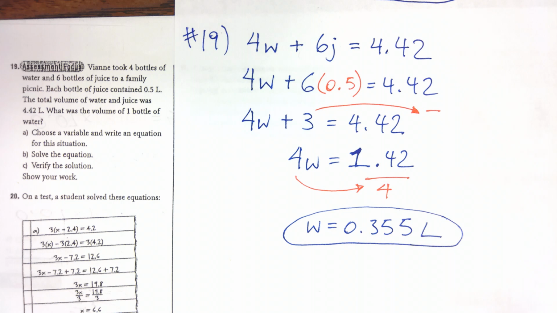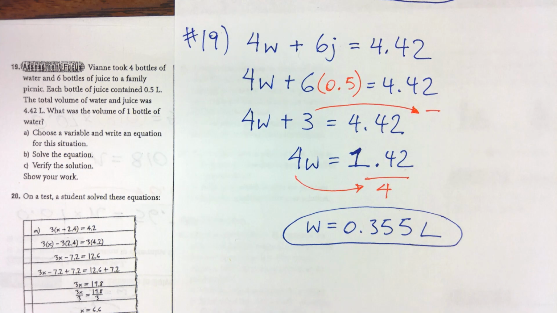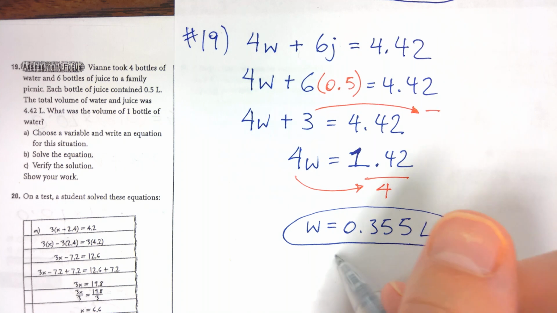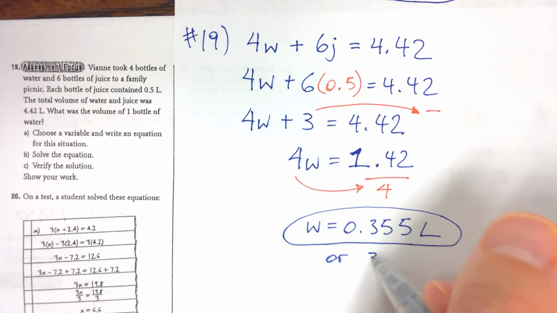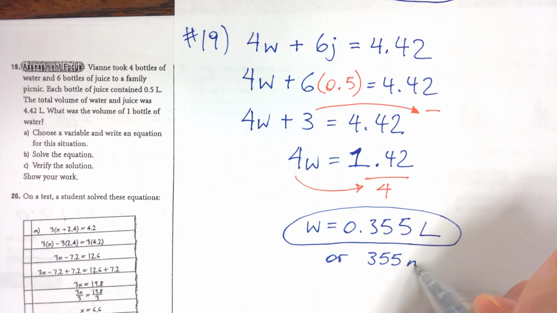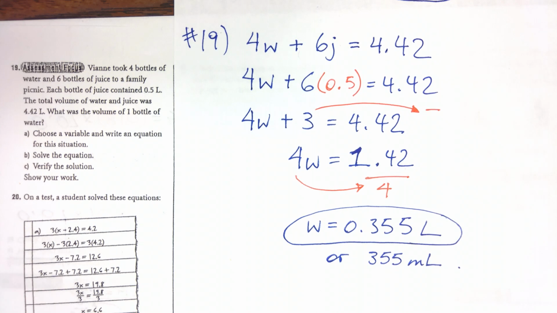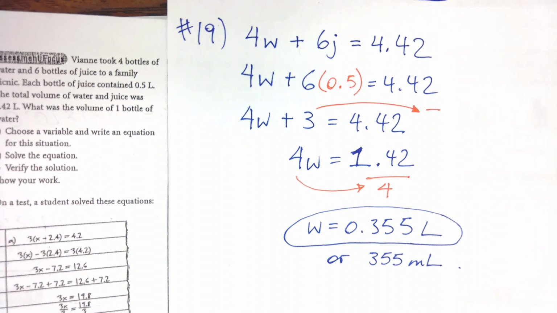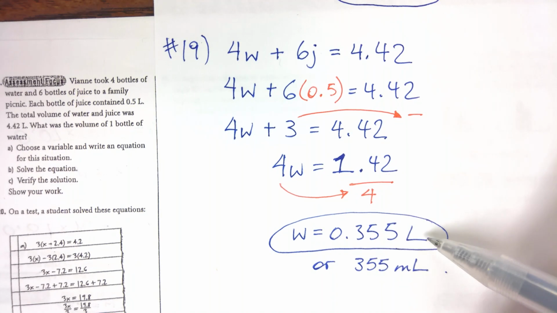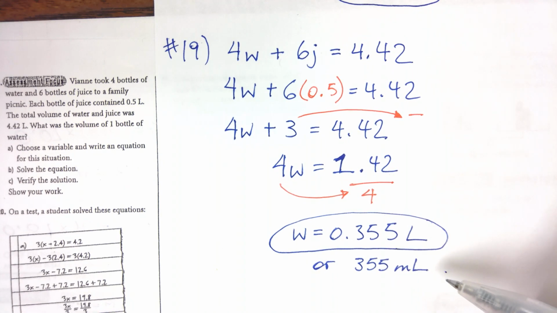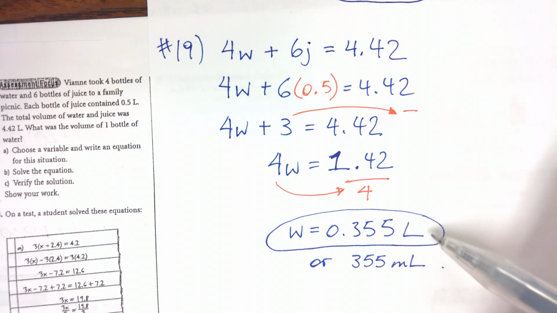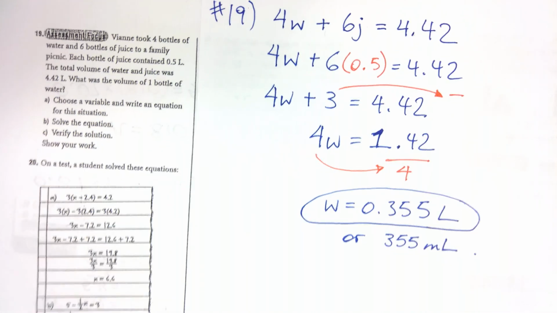It sounds weird to say my bottle of water is 0.355. Yeah. Or you can write 355 milliliters. Right. Small bottle of water. More like a can of Coke. Okay, good. On the test, you can just leave this answer. I just thought to let you guys know this and this are the same.